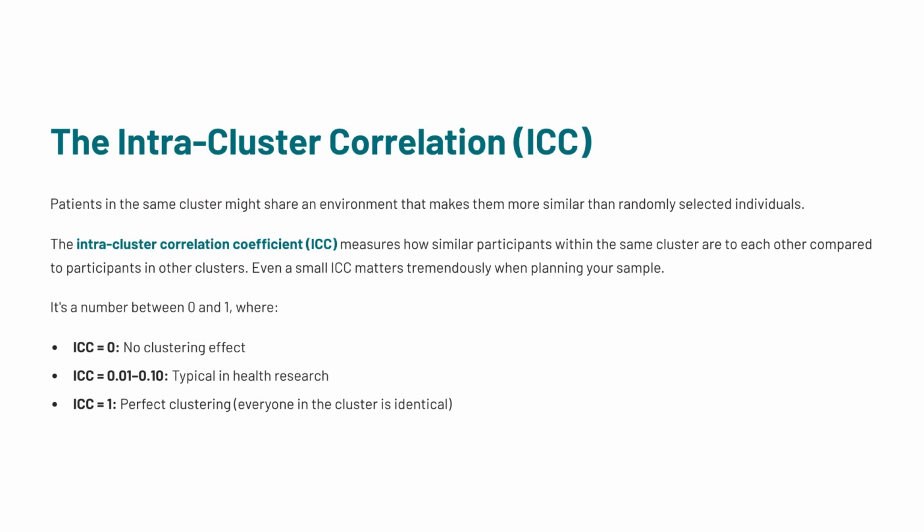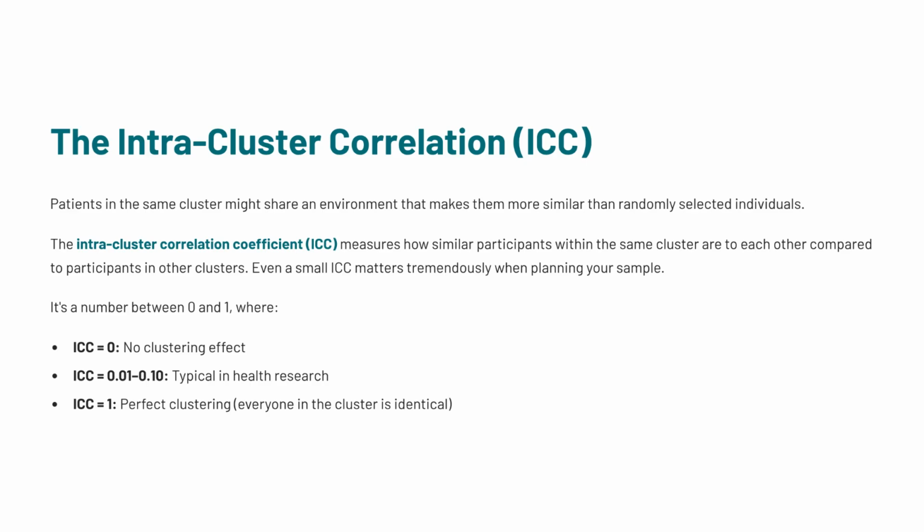Yes, absolutely. So, in a cluster randomized trial, participants within the same cluster tend to be more alike than participants in other clusters, maybe because they share the same environment, care providers, or other contextual factors that make their outcomes correlated. In theory, the ICC can range from -1 to 1, though in most health research trials, it typically falls between 0.01 and 0.1.